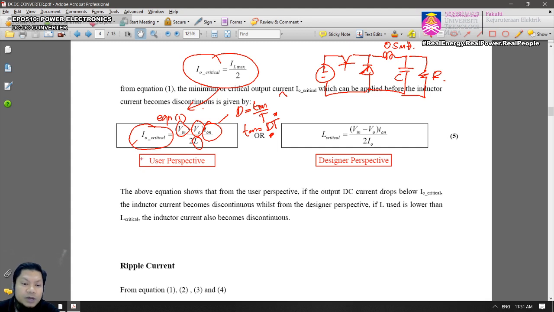Or else, if you have an output current which is lower than I critical, you will force the circuit to be in discontinuous inductor current. Okay, so this is very important in the design process.